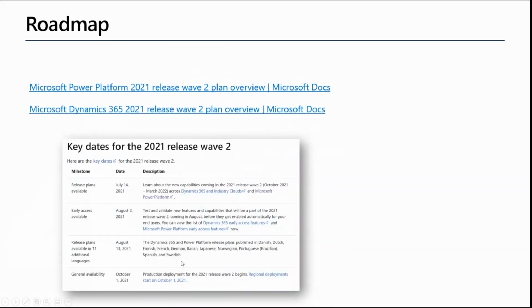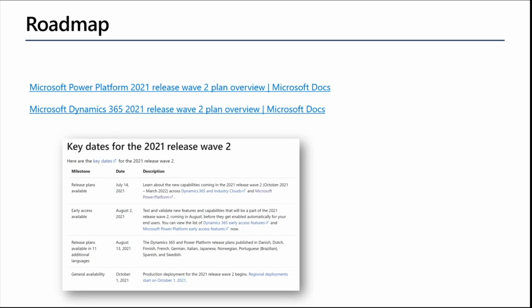And finally, regarding the roadmap, I would like to just ensure that we are all aligned there. There are 2 links that you have there, one from the Power Platform and one from Dynamics 365. And both these links are basically the release plan, which has been available since July 14, 2021.